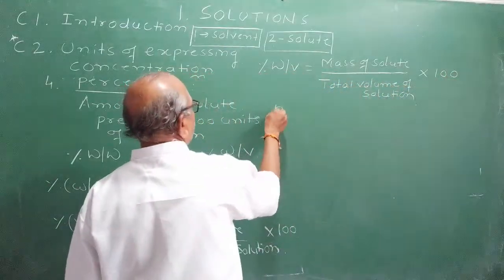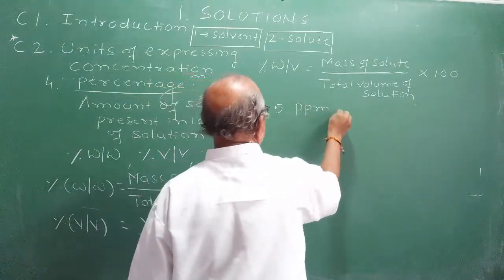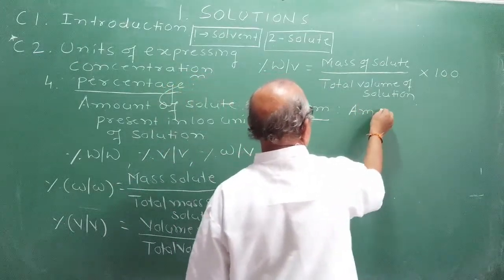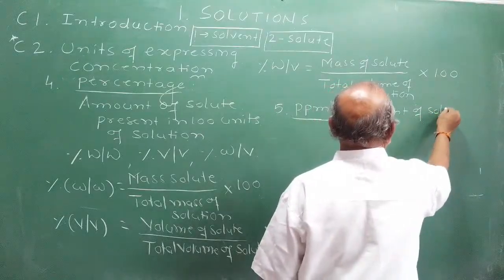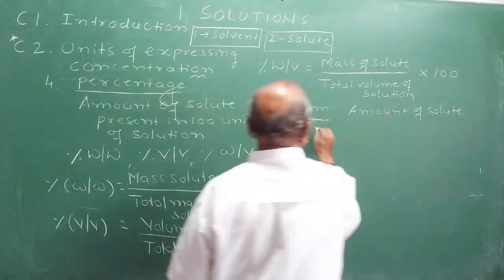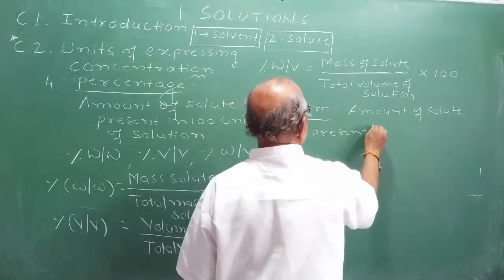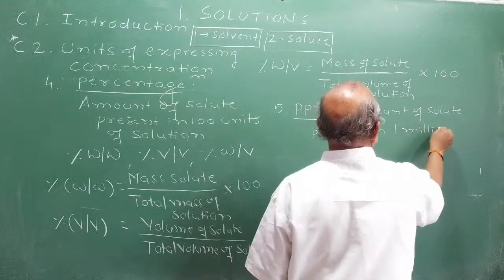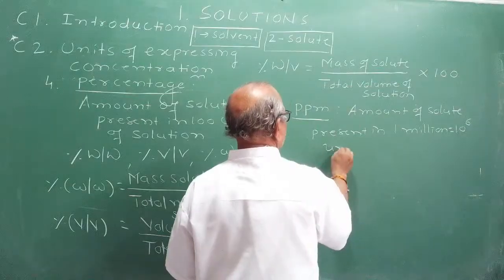And another unit we express is parts per million. It means amount of solute present in 1 million, that is 10 raised to 6 units of solution.